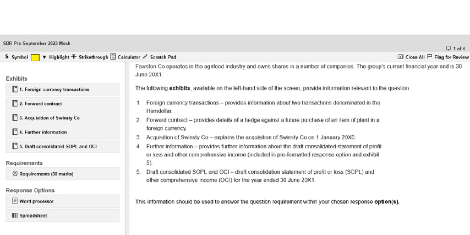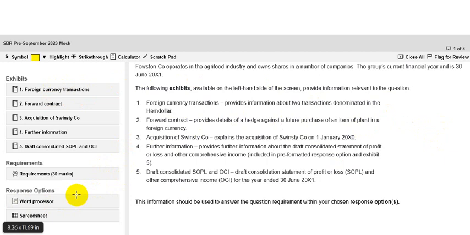So this is the front of how, when you open your question paper, on your left side you have the exhibits. You have the different exhibits. All you need to do to get to the exhibit is click on the respective exhibit. As you can see, we've got 5 exhibits here.